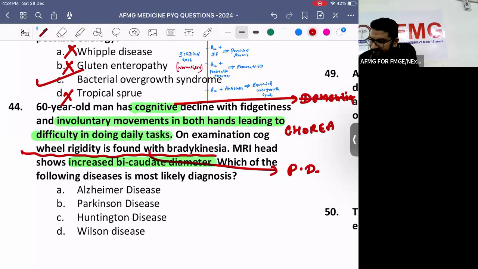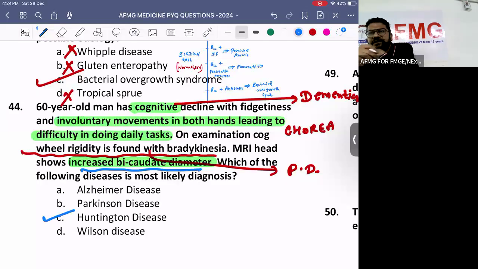What will you see in MRI in Alzheimer? You will see cortical atrophy, and Parkinson's MRI is normal. So it is a disease where you will see mixed features: some Alzheimer-like cognitive decline, some Parkinson features, some chorea features, and MRI having increased bicaudate diameter. This is classically seen in Huntington disease.